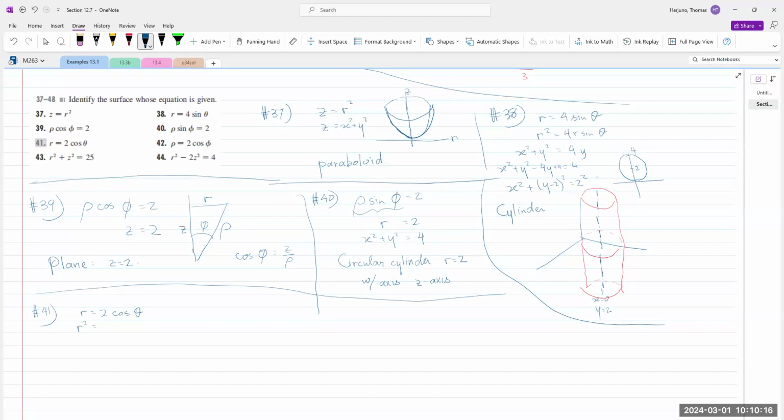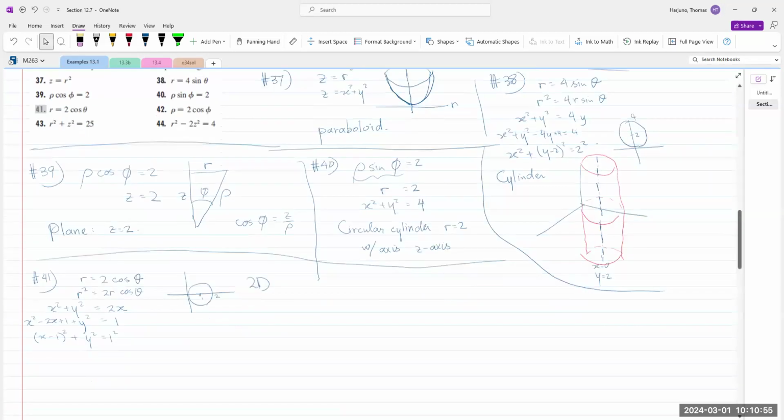Okay, now this is a polar equation, right? So I multiply by r both sides. I get x squared plus y squared equals 2x. Then I add 1 to complete the square, I add 1 here. So I get x minus 1 squared plus y squared equals 1 squared. That is a circle centered at (1, 0) with radius 1 in 2 dimensions.